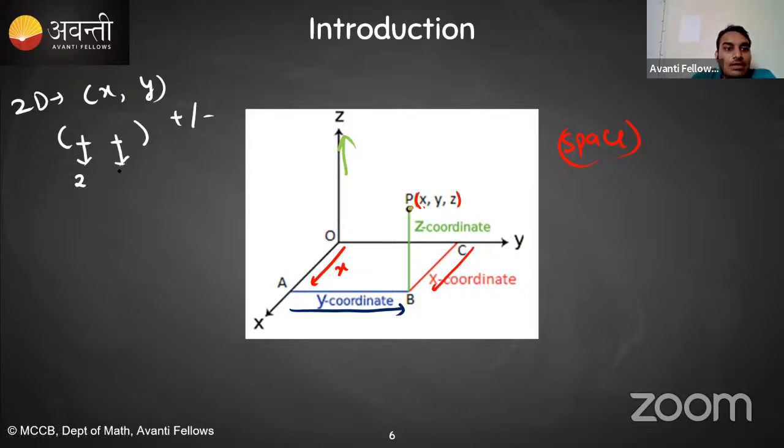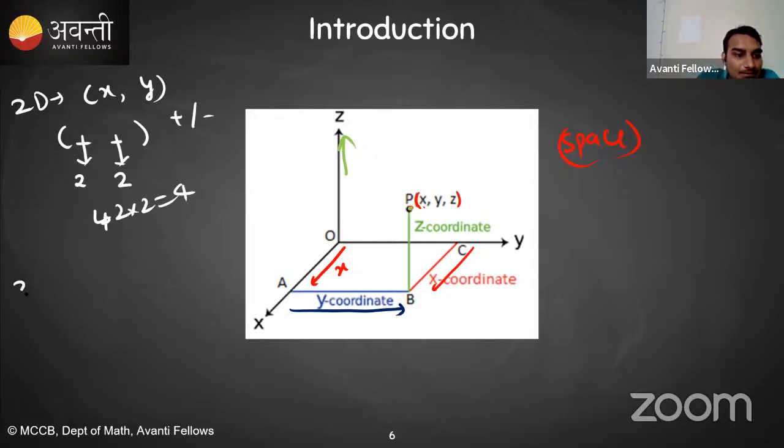Similarly, the second place can be filled in 2 ways, either positive or negative. So the total number of ways is 2 into 2, 4. It means there are 4 partitions in the plane, if we are talking about 2D.